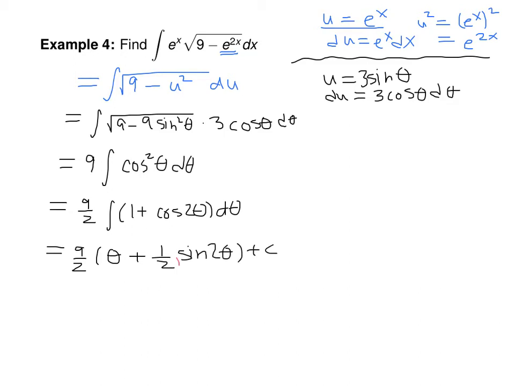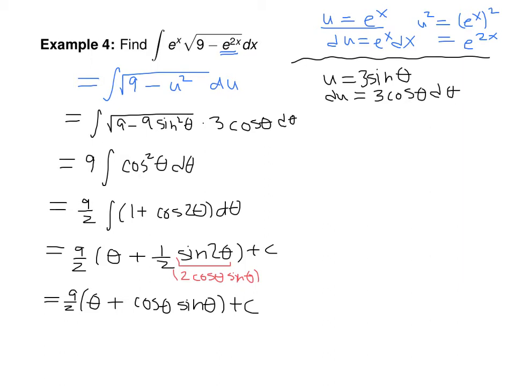And we use the double angle identity on the sine of 2 theta. That tells us sine 2 theta is equal to 2 cosine theta times sine theta. So that red stuff replaces the sine of 2 theta. So finally we have 9/2 times the quantity theta plus cosine theta sine theta plus c.